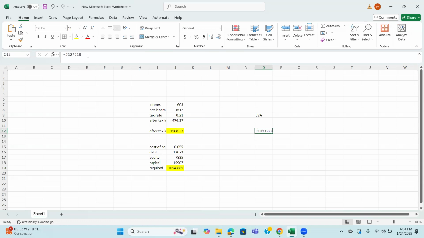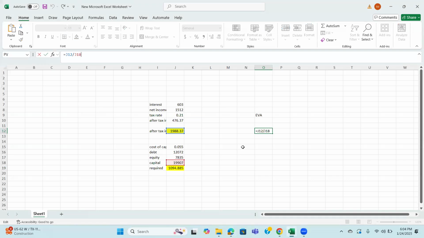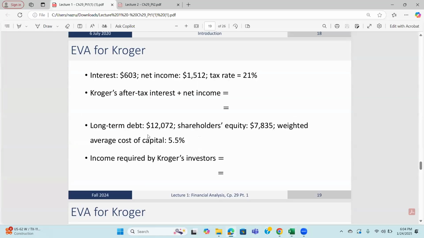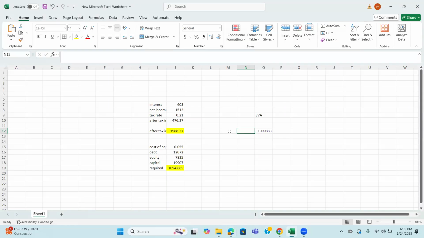Okay, so this is the first part of our formula, right? So this is basically our return on capital. So how did we get that? We have after tax interest plus net income over capital, and thus we get return on capital.